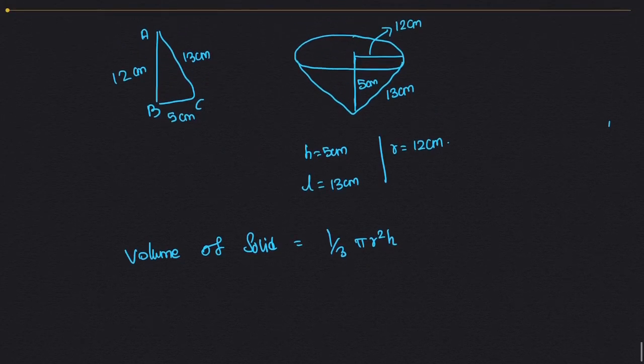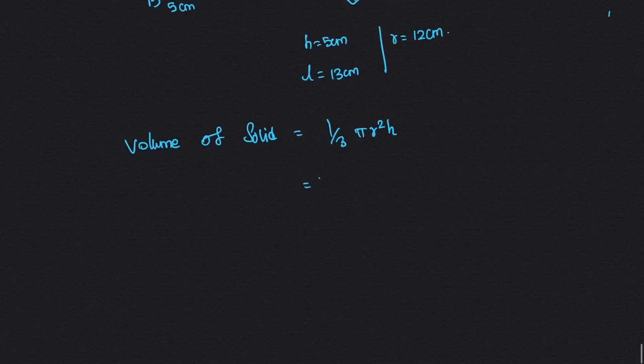So we need to compare the two volumes, so we need not multiply the pi value, instead of using 3.14 or 22 by 7. So let's discuss later. 1 by 3 pi, R value is 12 centimeter.